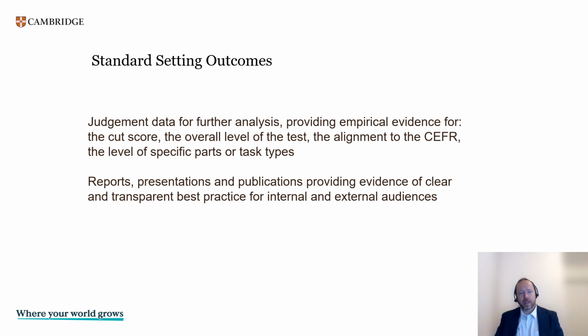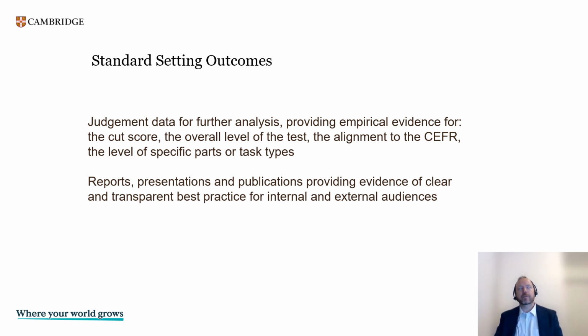Nevertheless, don't be overwhelmed by this if you're doing this for the first time. It seems complicated, but it's important, again, that you use experts who know what they're talking about, who know the CFR levels, who know the test specifications, so they know the test. They know how to differentiate between B1 and B2. They've gone through those descriptors and they're able to align them. The panel are in agreement as well of what is that minimally competent candidate.